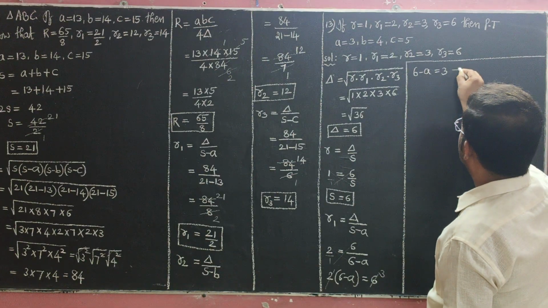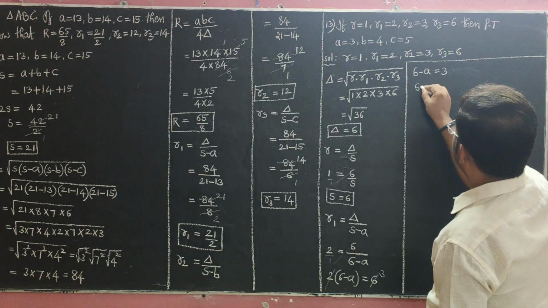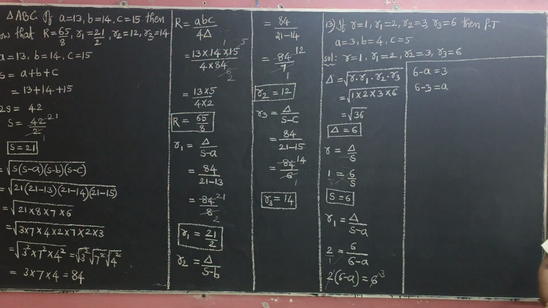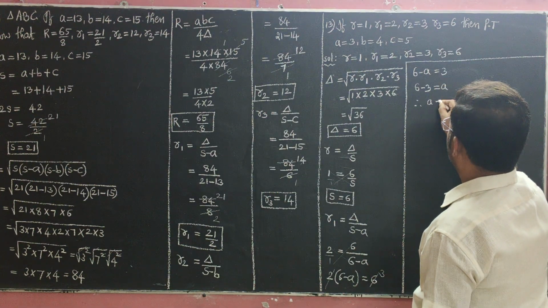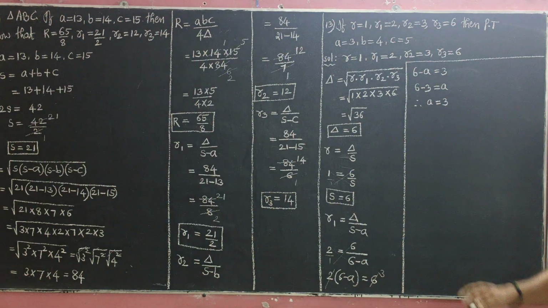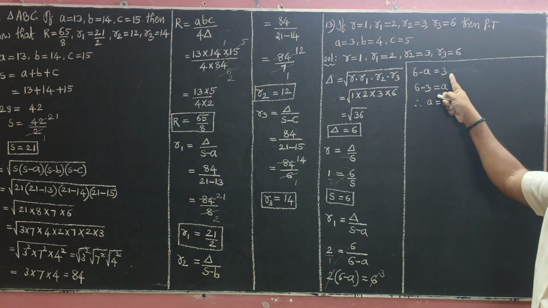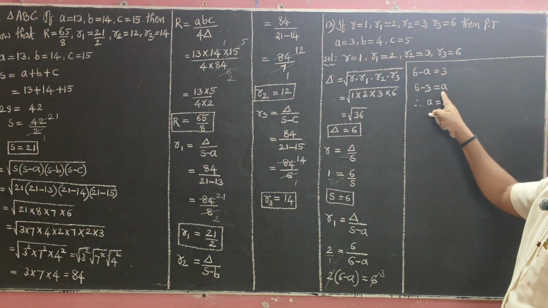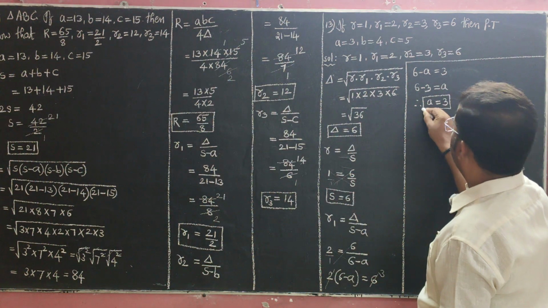So minus A equals 3 minus 6. The 6 goes to the right side as minus 6, and minus A becomes plus A on the right side. Clear? 6 minus 3 equals how much? 3. So 3 equals A, or A equals 3.